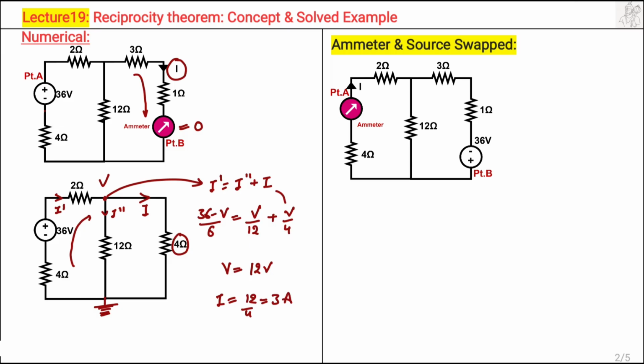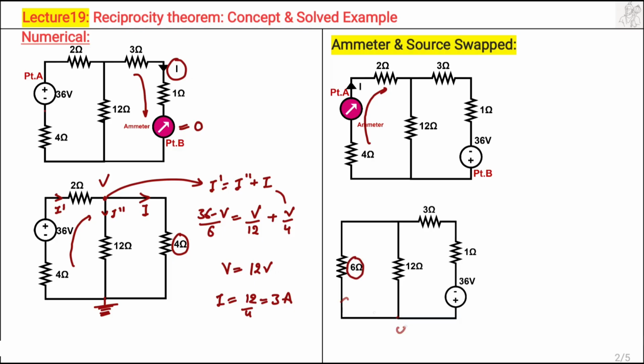Let's move on to second circuit. Here the net resistance of this branch will be 6 ohms and this current we need to find out. Suppose this is I' and this is I''. Then we can use nodal analysis to solve this.